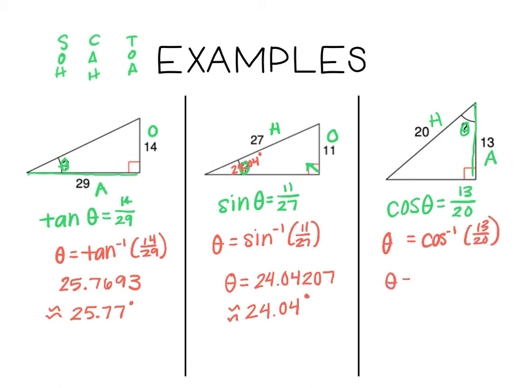So theta is going to equal 49.4584, and rounded to the nearest hundredth, it's 49.46 degrees. This isn't really any more difficult than regular trig ratios when we're finding sides. You just have to remember to use that inverse button, or hit second before you hit the trig function button.